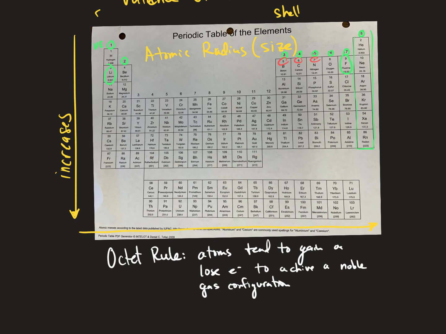So it decreases, let's use the same color, decreases from left to right. Because as it goes from left to right, the magnet gets stronger, so it pulls it in just a little bit tighter. Good?